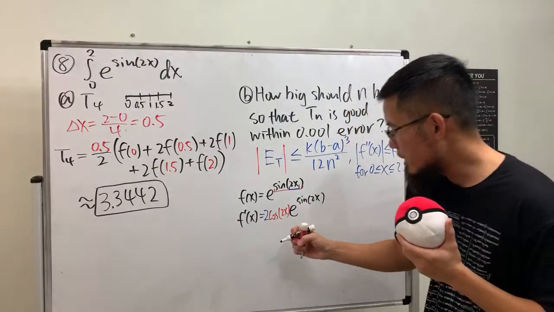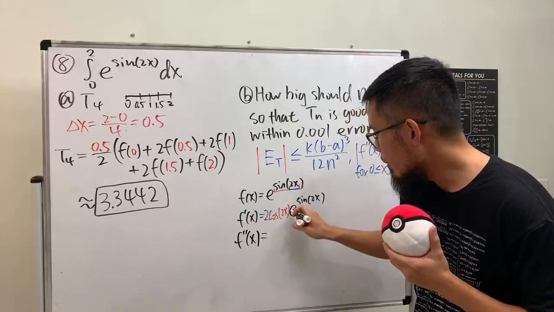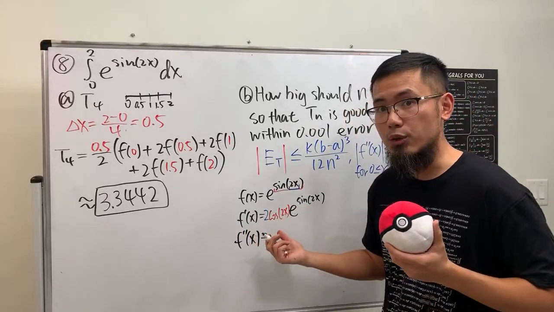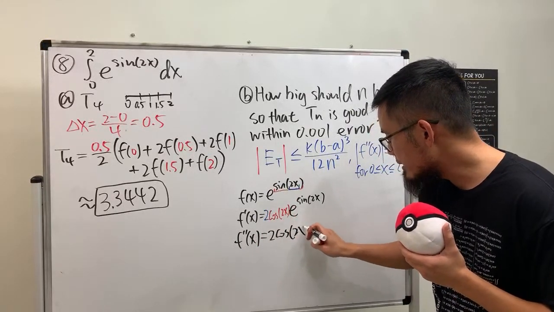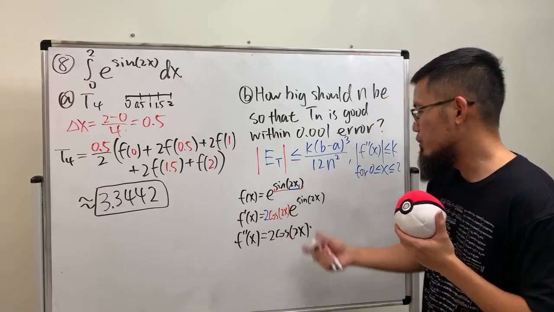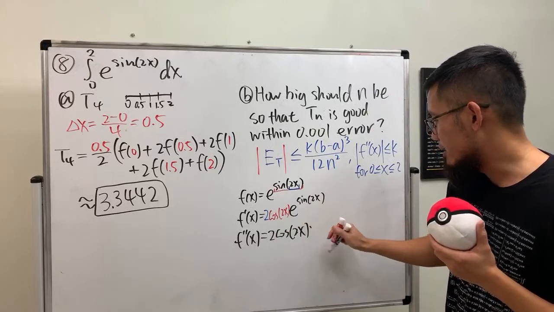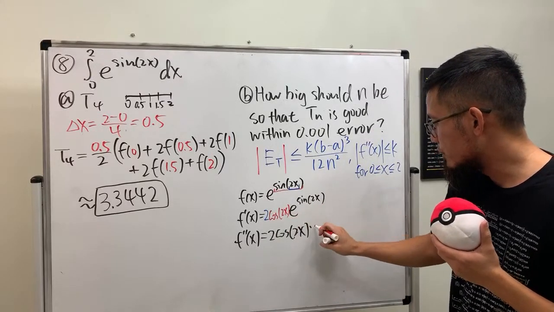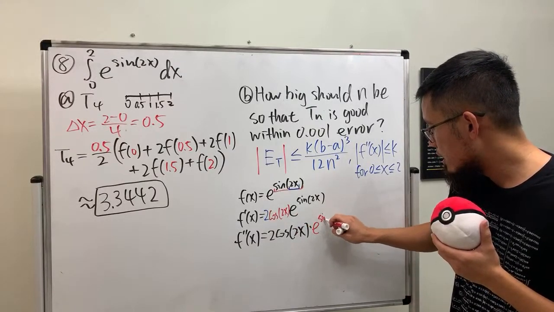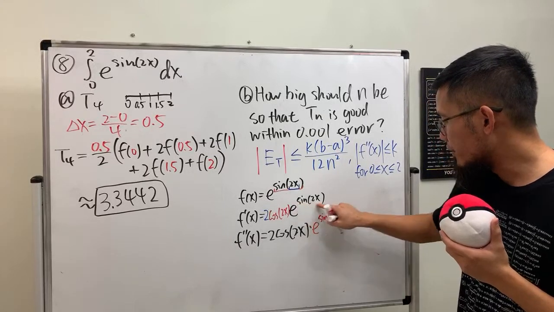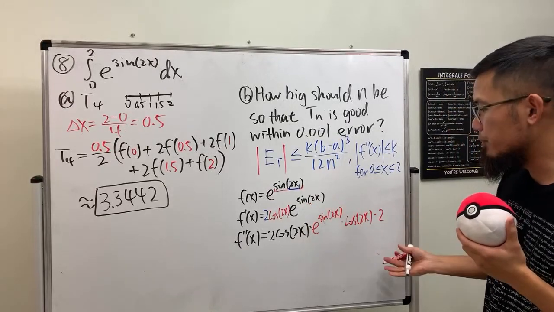We need to get to a second derivative, so let's differentiate again, f double prime. Well, for this situation, we have to use the product rule. So I will keep this 2 cosine of 2x times the derivative of this, which is e to the sine of 2x times the derivative of cosine of 2x, and then multiply by the derivative of that, which is 2, right?